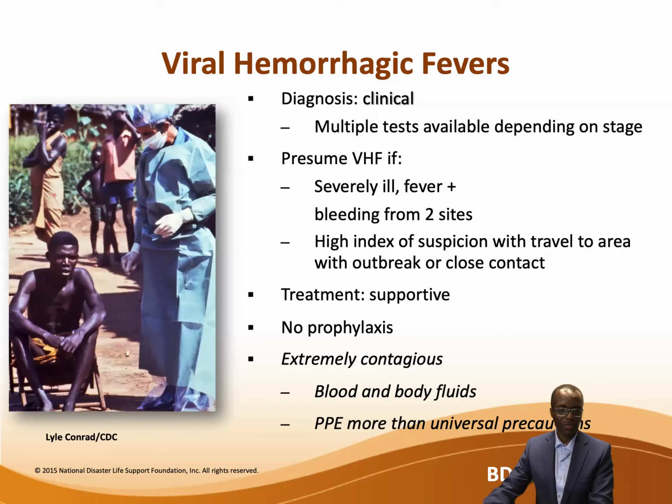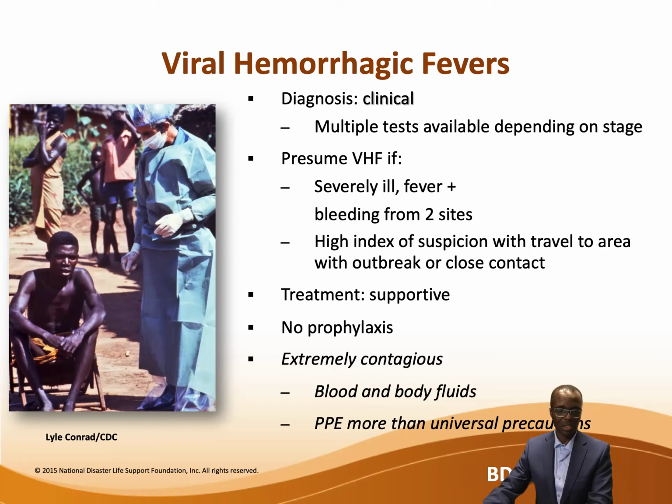The diagnosis of VHF is largely clinical. There are special labs available at the CDC to assist in diagnosis. The recommendation is that a clinician presume VHF in the right clinical circumstances in a patient who is severely ill, has a fever, and is bleeding from 2 different sites.